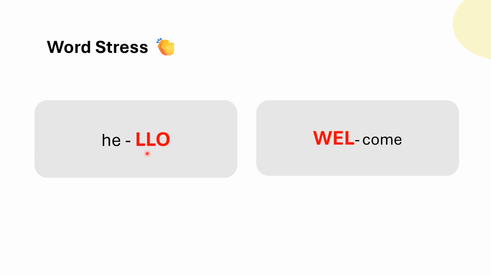For example, please look at the first word on the left, this one, and try to repeat after me, please. Hello, hello. You see? The second part is the strong one. Hello, hello.